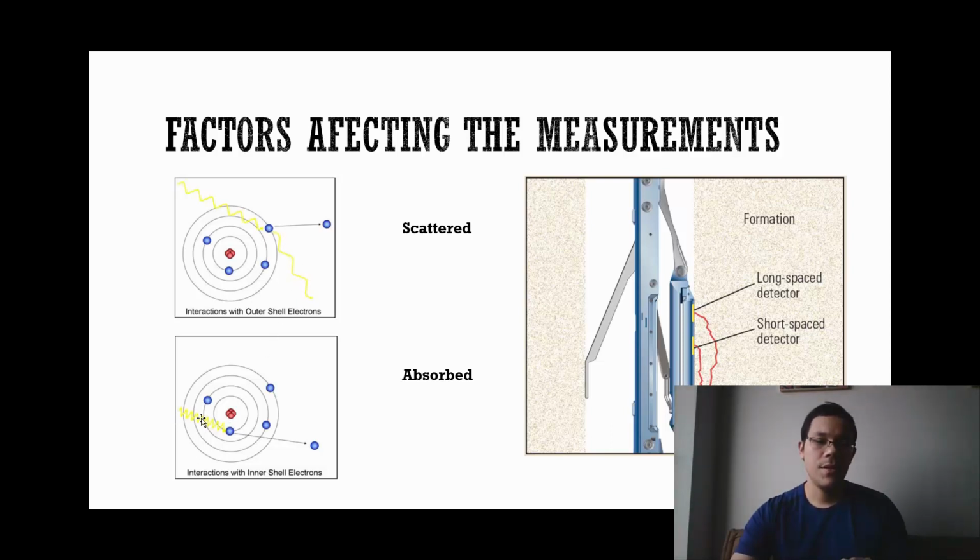Some of them will collide with electrons and will be absorbed. Now, what is really important to know is that detectors are able to measure the energy level of those gamma rays. So the tool will be able to make a distinction between the reaction of these scattered and absorbed gamma rays.